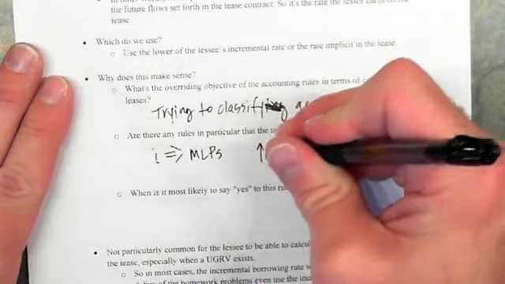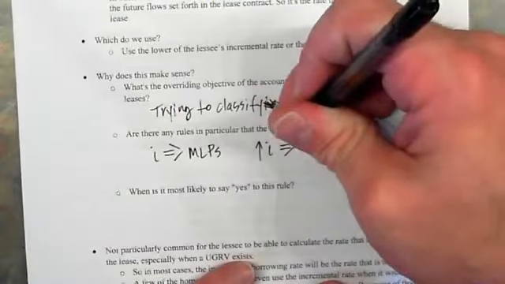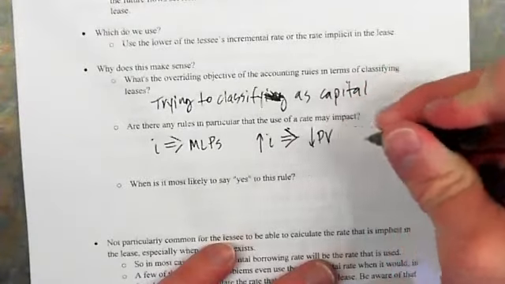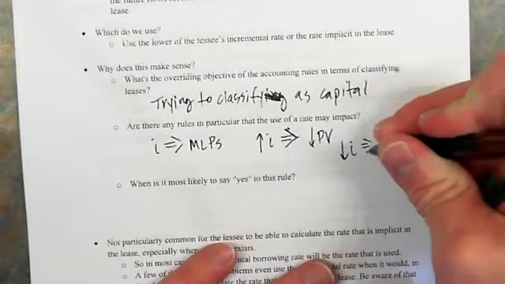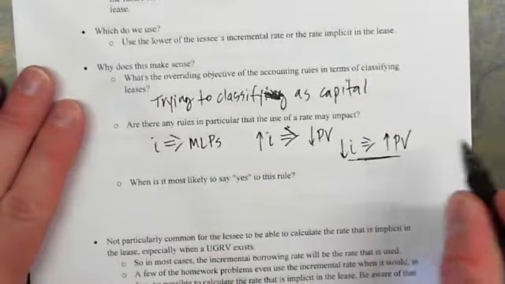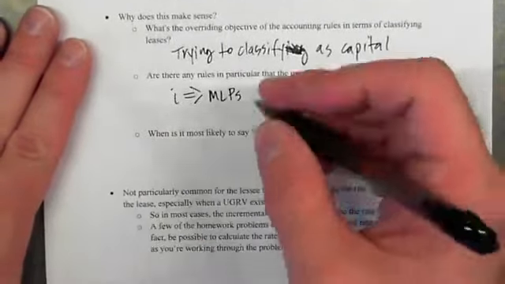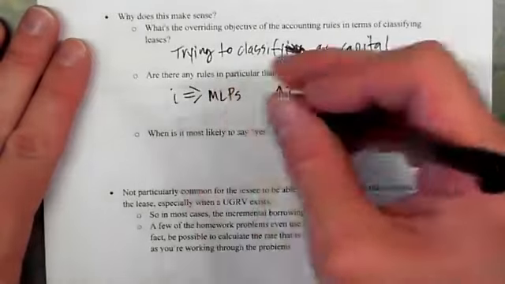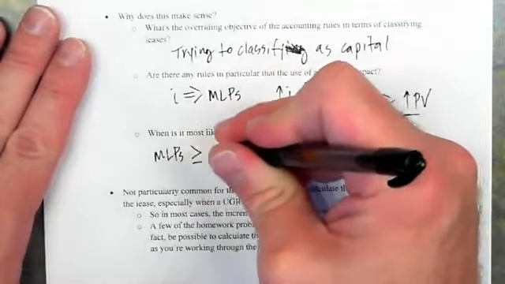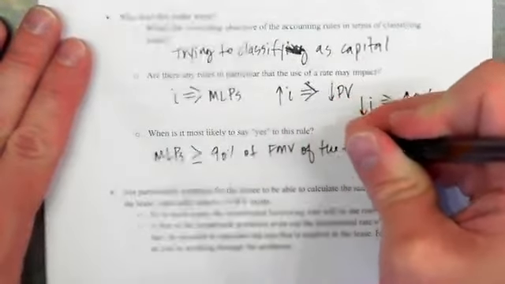If I increases, that means that all things equal, right? If we increase our I, what happens to a present value? If we increase our I, that typically means present value is going to fall, versus when we reduce our I, that means that the present value will rise. So if we're under this case, we want to take the lower of two interest rates, we're having a lesser interest rate, we're having a greater present value, it is more likely that I'm going to say yes to the MLPs being greater than or equal to 90% of the fair market value of the leased asset.